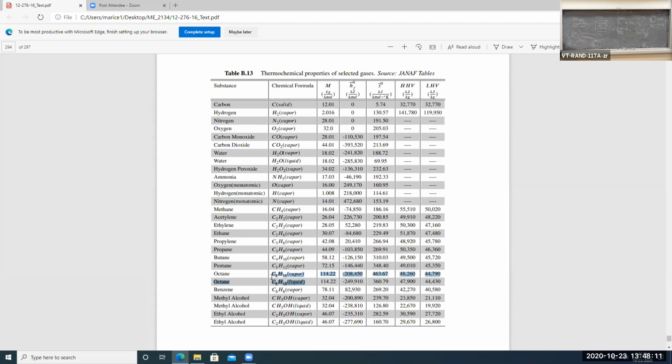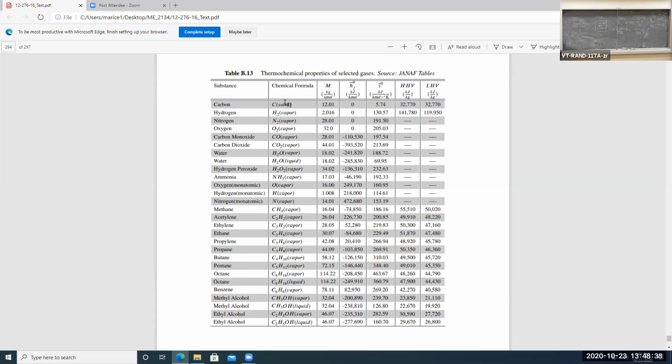Let's say you're doing a problem involving burning a fuel like octane, or alcohol, whether it's ethyl or methyl alcohol. You've got to be careful whether the fuel is a liquid or a vapor. Same thing with ethane and propane. It specifies whether the substance is a vapor or a liquid.